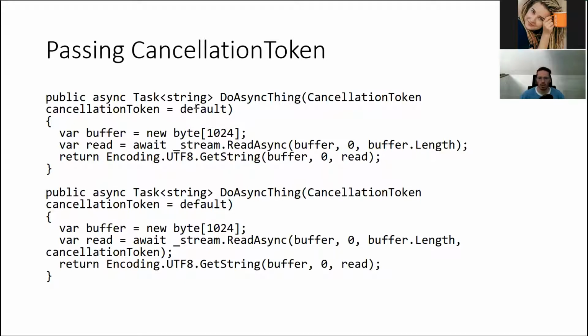That's okay, because if the developer does not have a cancellation token, they don't have to provide it, but you should pass it through all your calls. My second method at the bottom of the screen is actually passing the cancellation token into the ReadAsync method. And there's nothing telling you, hey, you forgot something, because there is a default one.